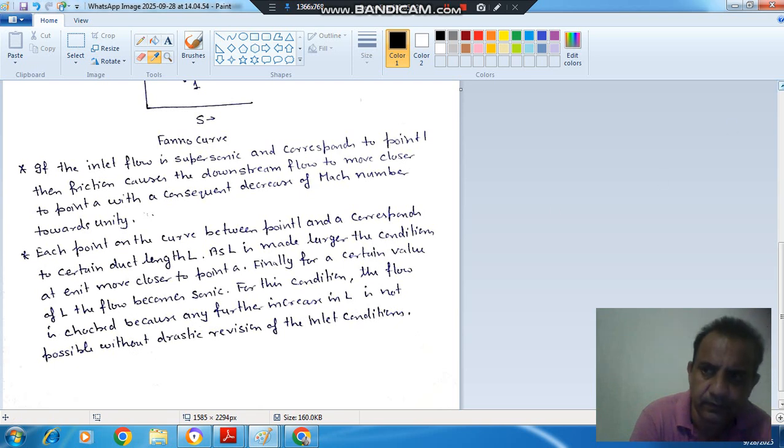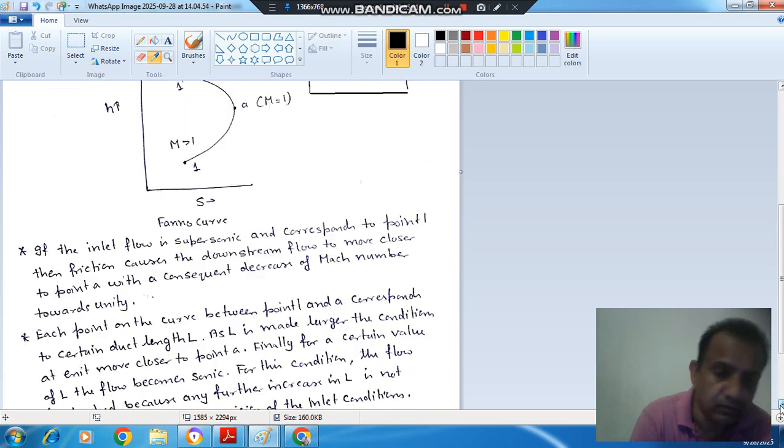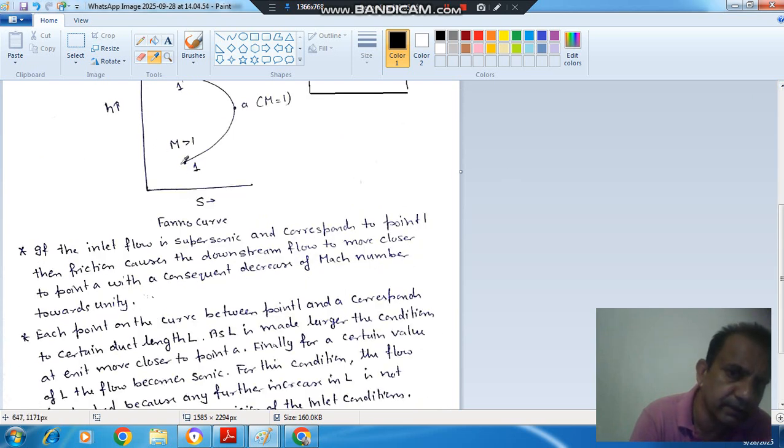Suppose here the length is your L max or L star, and after that the increase in length is not possible without drastic revision of inlet condition. So we have to change the inlet condition to make a larger length of pipe so that the flow can become sonic or not become sonic.